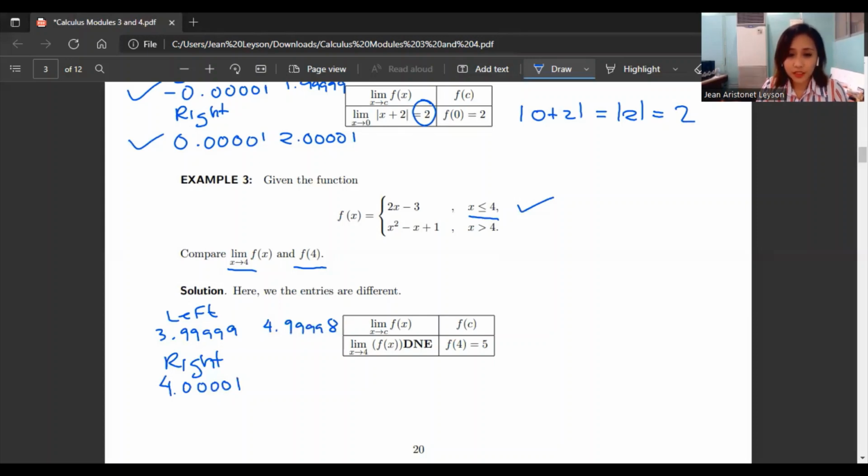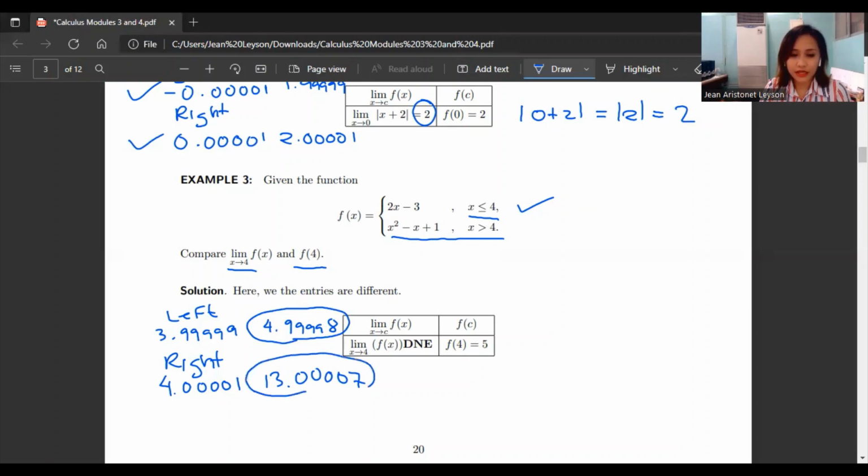We'll be using this part of the function, this one right here, since x is greater than 4. Substituting, that will give us 13.00007. As you can see here, the limits from the left and from the right are not equal. Therefore, the limit of the function does not exist.